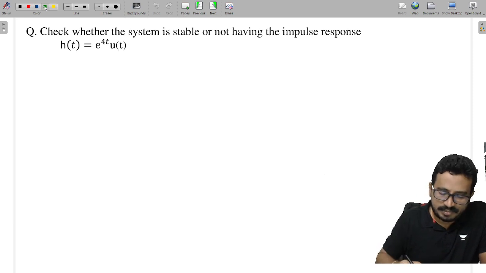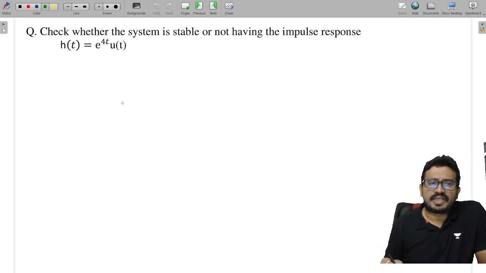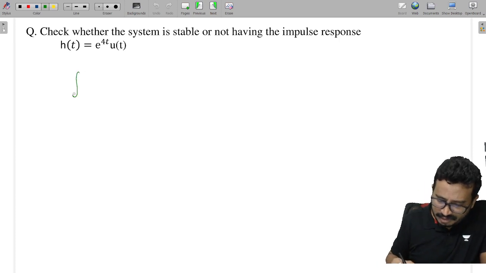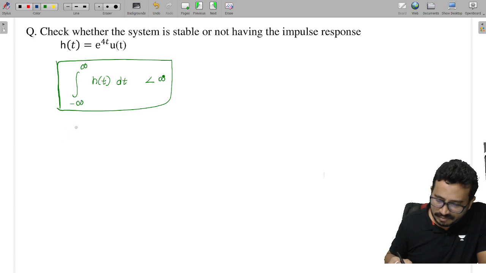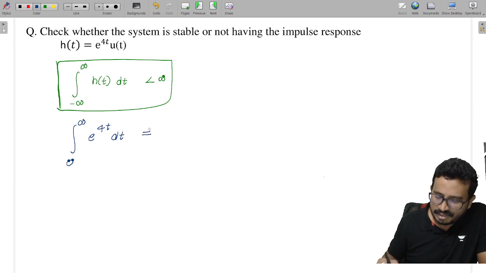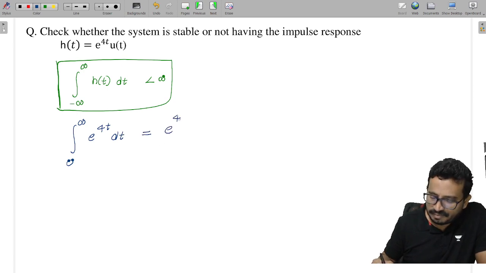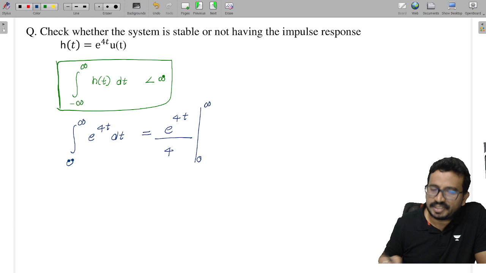Now let us take the next problem. h of t is given as e power 4t. Here also we take the integral from minus infinity to plus infinity, since the impulse response is given. We need to get a finite value. Let us check whether it is stable or not. The integral from 0 to infinity of e power 4t dt gives e power 4t by 4, with limits 0 to infinity.